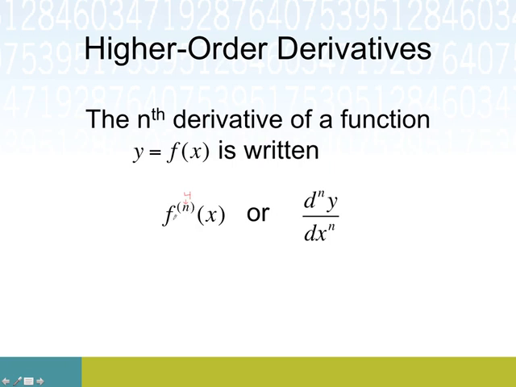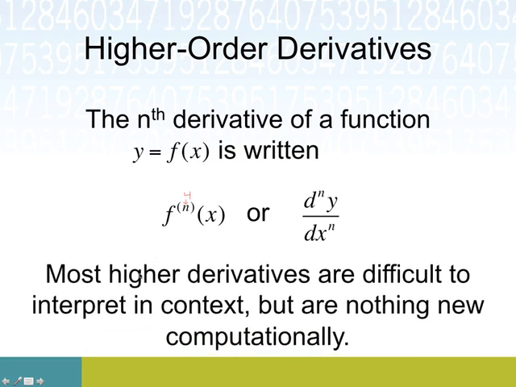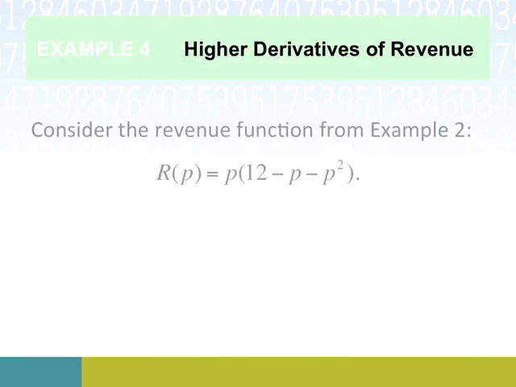So it's not really an exponent, but f to the, and then with a little 4 inside parentheses says the fourth derivative of some function. So this starts to get a little awkward, but interpretations are hard to come by for these higher order derivatives, but actually the computation is really nothing new. We don't need new rules to compute second, third, fourth derivatives.